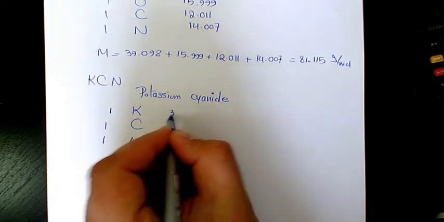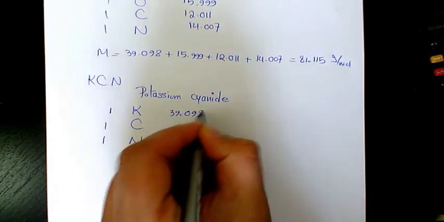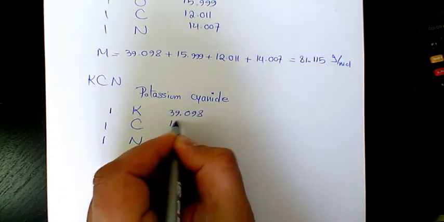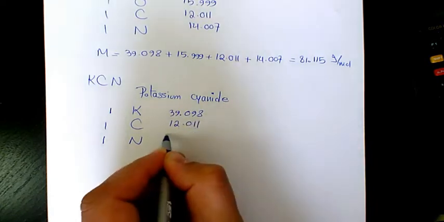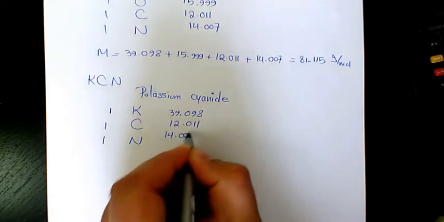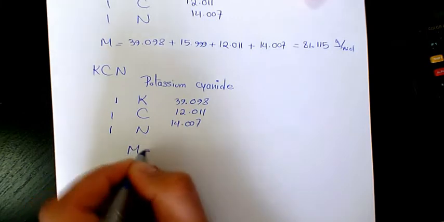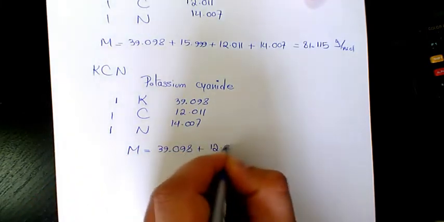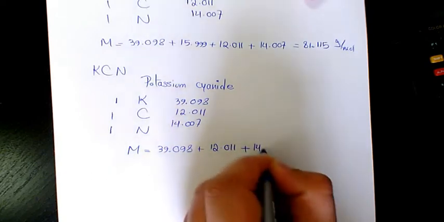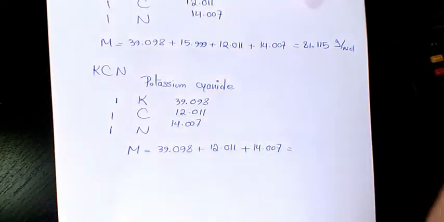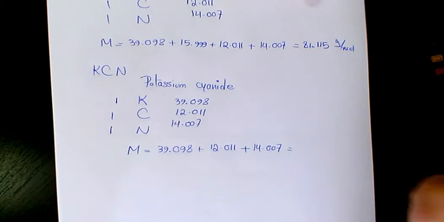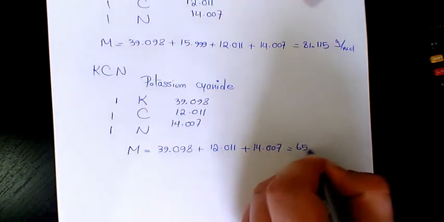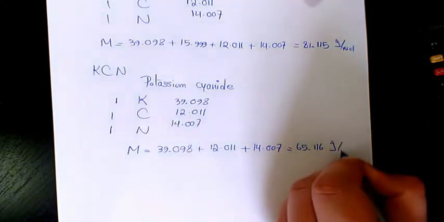So you have 39.098, 12.011, 14.007. Molar mass is going to be the sum of these: 65.116 grams per mole.